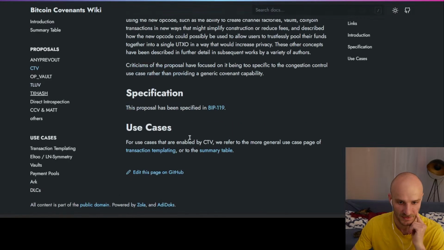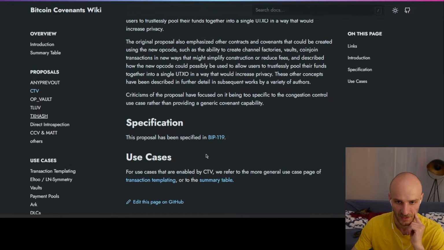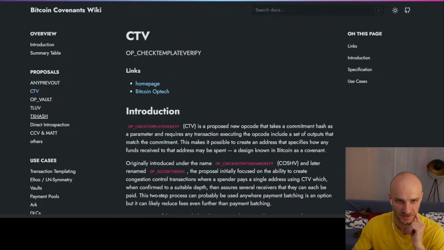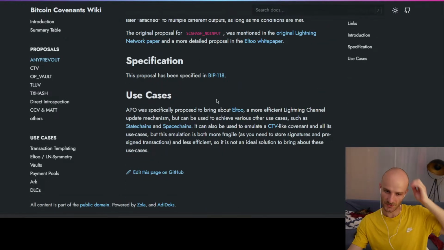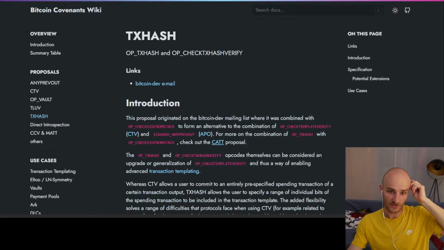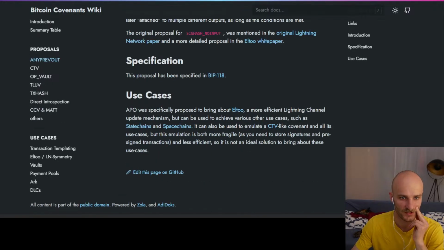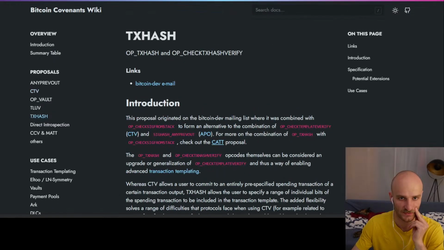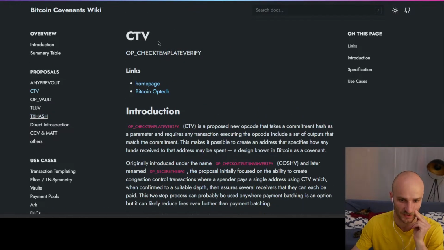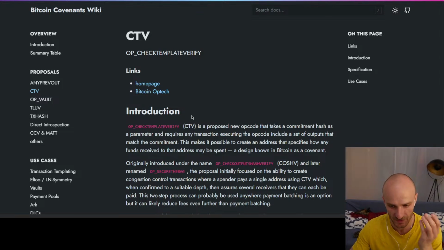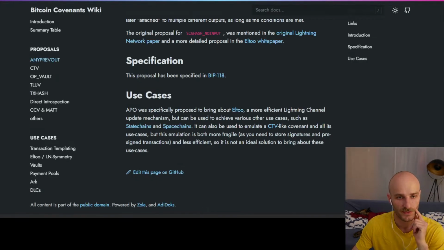I did the same for CTV. I explored the BIPs, the PR reviews, and then I compared the three of them, especially any prev out versus CTV and TX hash versus CTV. And now I have a superficial basic understanding of these topics.